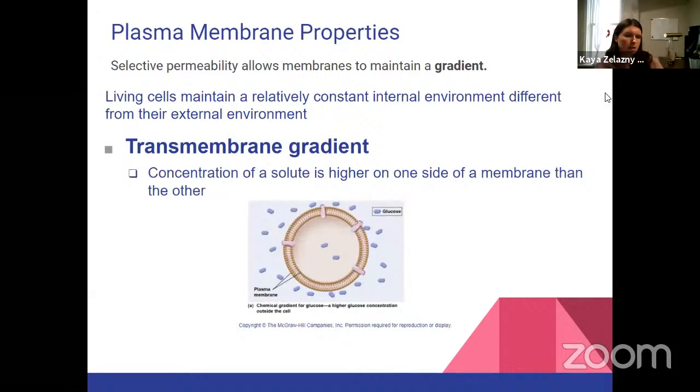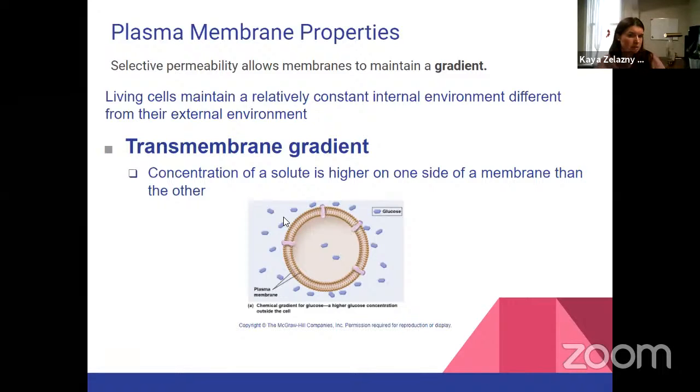Now we can use specific terms to talk about these gradients when we're talking about a cell. These gradients build up in the first place, partially due to selective permeability. The reason you can have a lot of something outside the cell and only a little inside the cell is because certain things aren't able to cross the membrane. So we can control things like that. We can concentrate stuff if we block stuff from moving.